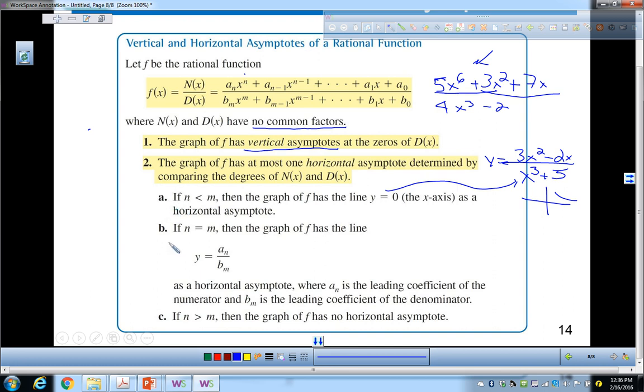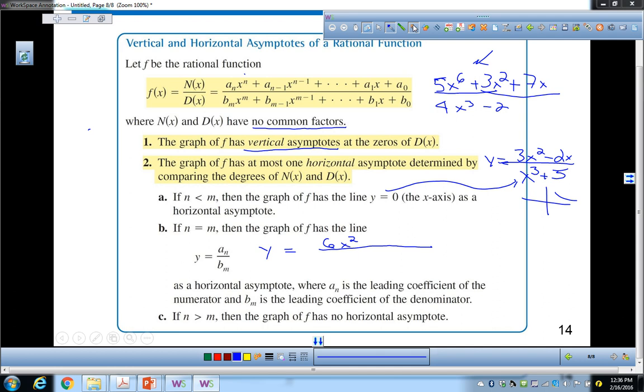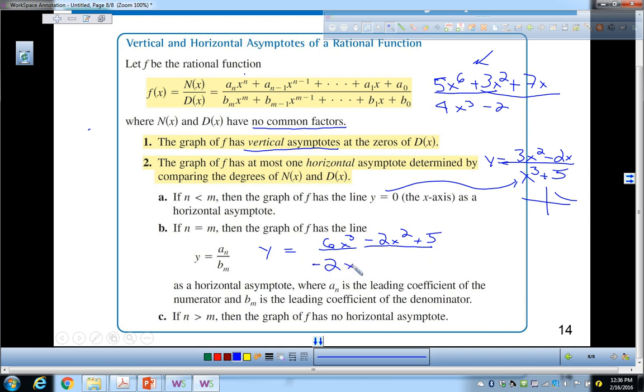The second rule says if n equals m, in other words, if the degree of the top is equal to the degree of the bottom, you take the coefficients of the highest degree terms. For example, let's do something more interesting: y equals 6x to the third minus 2x squared plus 5, and on the bottom I have negative 2x cubed plus 8.